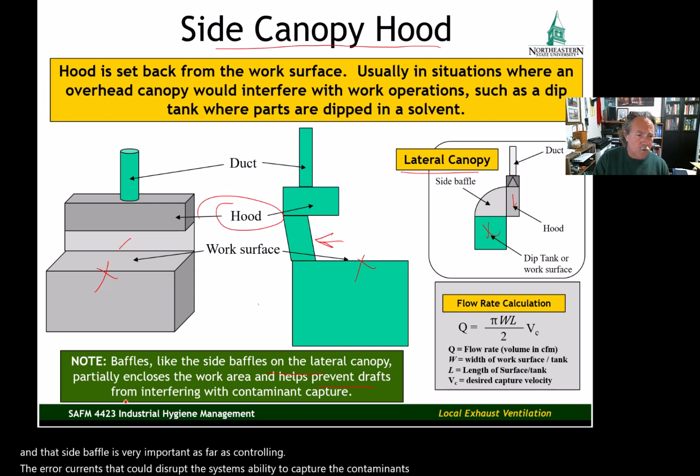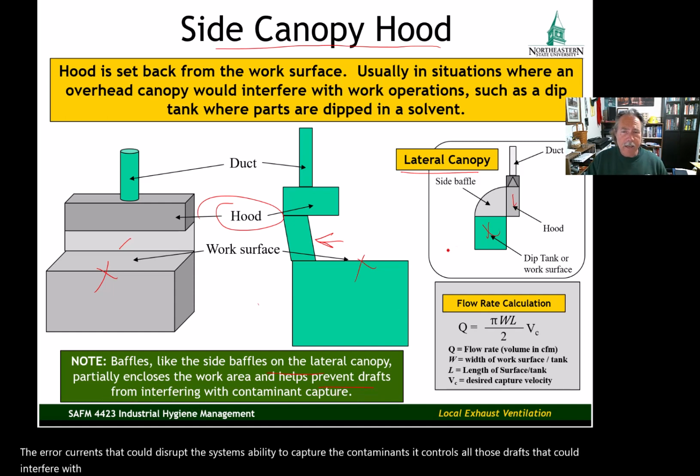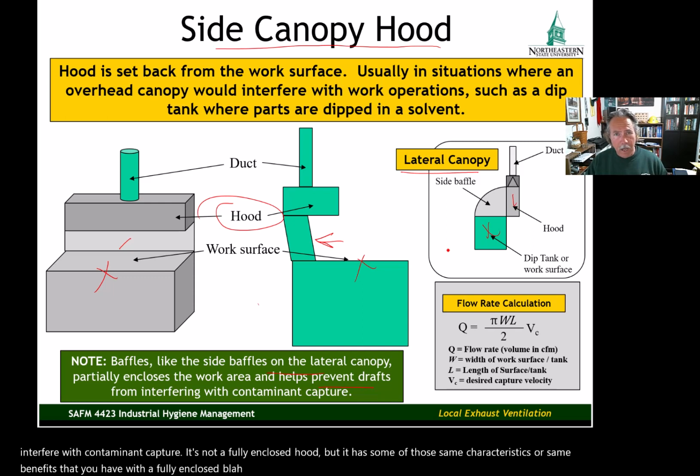It controls those drafts that could interfere with contaminant capture. It's not a fully enclosed hood, but it has some of those same benefits that you have with a fully enclosed blast cabinet or a biological hood. It's better control for any kind of disruptive air turbulence.